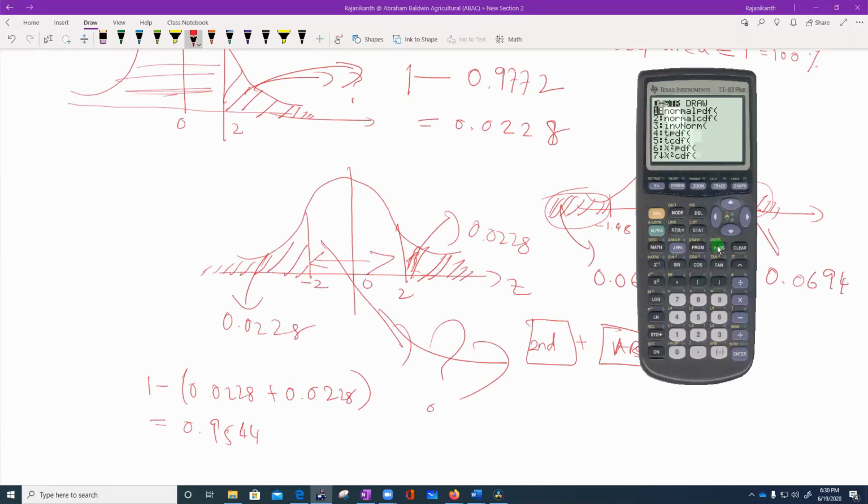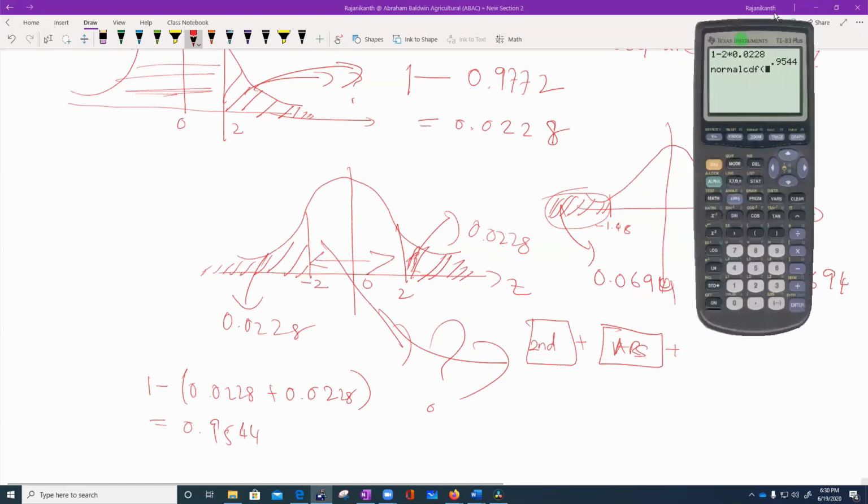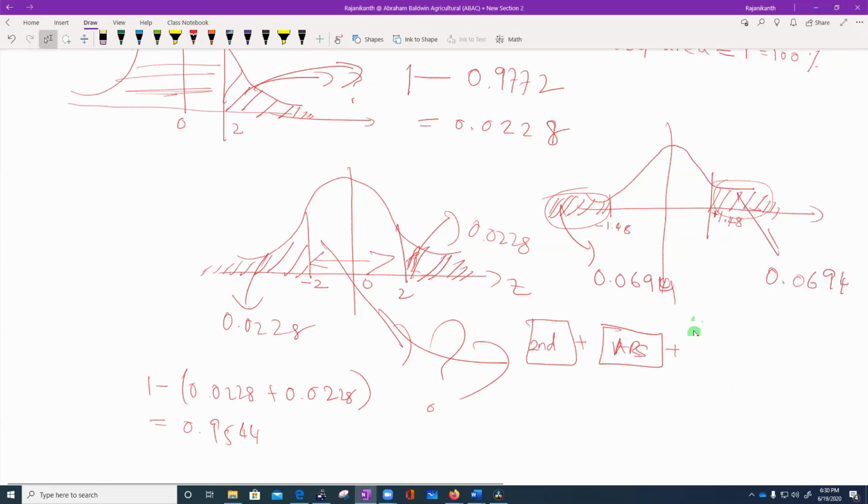There, come to the second option, normal CDF. Normal CDF will give you area under the normal curve, okay? So basically you are coming to number 2. So this will give you a function, normal CDF.